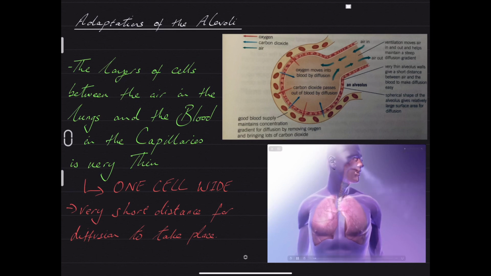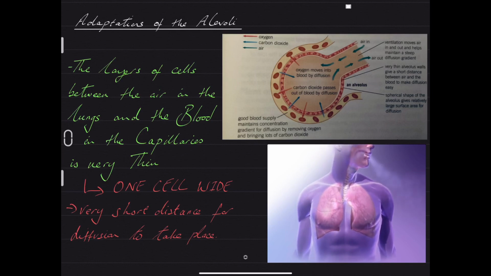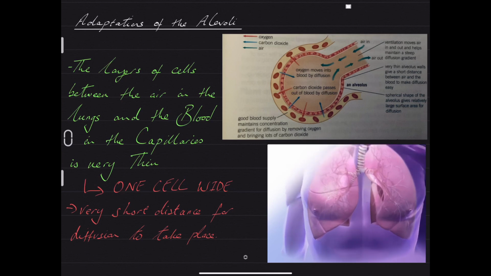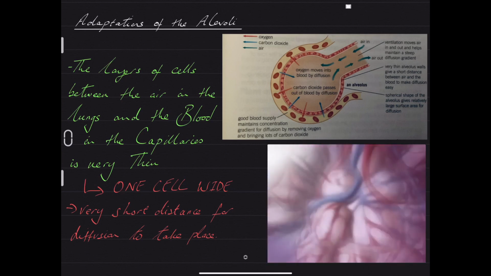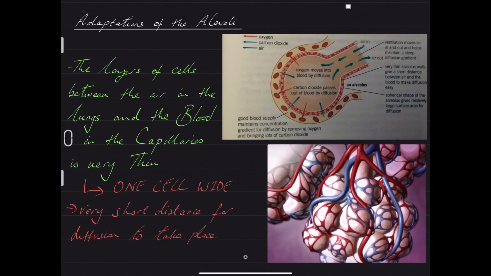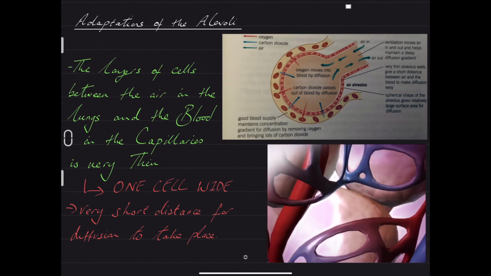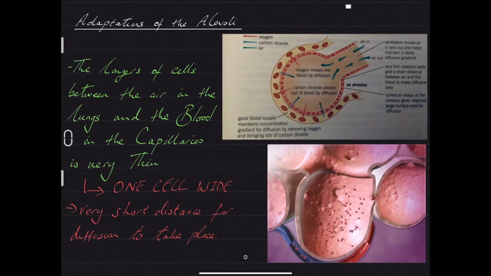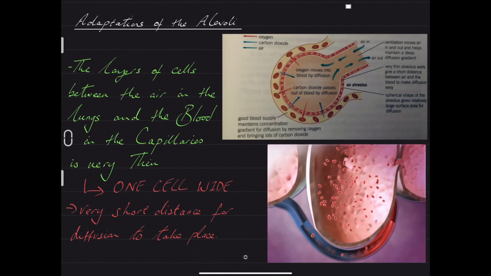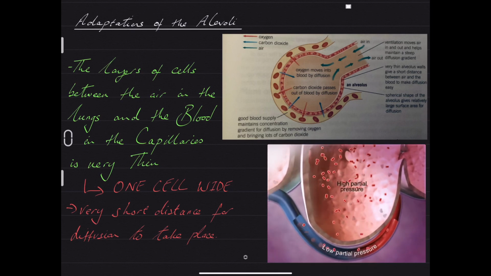Because if you had a thicker layer there, if there were many cells, if there were, let's say, 4 or 5 cells wide, then the gases would have to pass through each one of those cells to get to the blood in the capillaries. So by making it 1 cell wide, we create a very short distance for diffusion to take place. So you don't have to draw the diagram down.